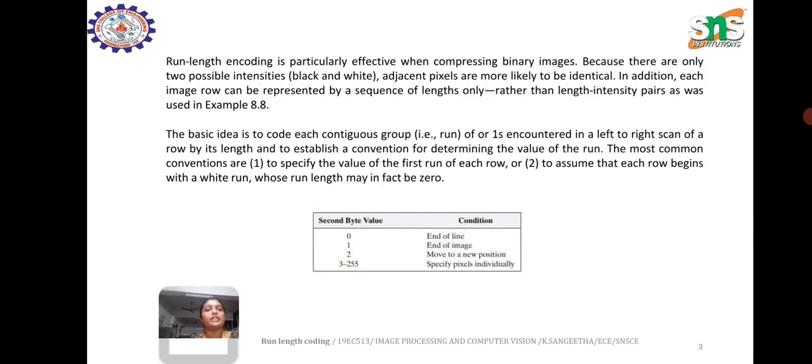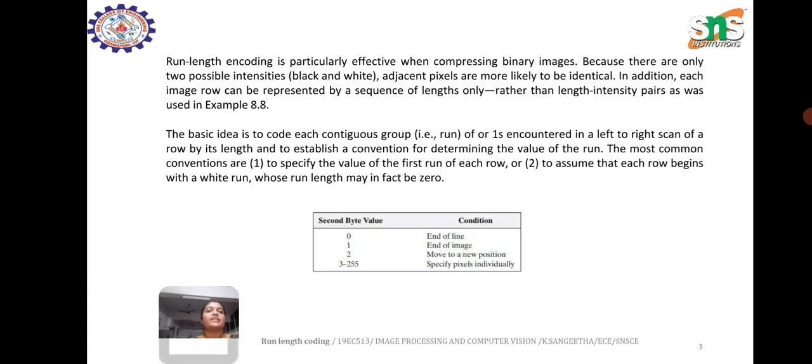Run length encoding is a simple lossless data compression technique that reduces the size of data by representing consecutive identical values. In RLC, instead of storing each pixel's value repeatedly, we store the value and how many times it appears consecutively, that is the length of the run. This reduces the overall data size when there are long sequences of the same pixels.